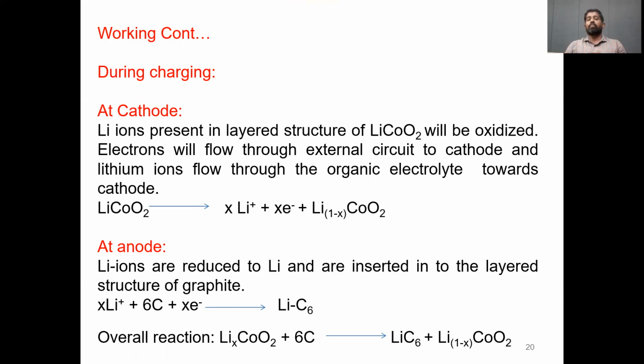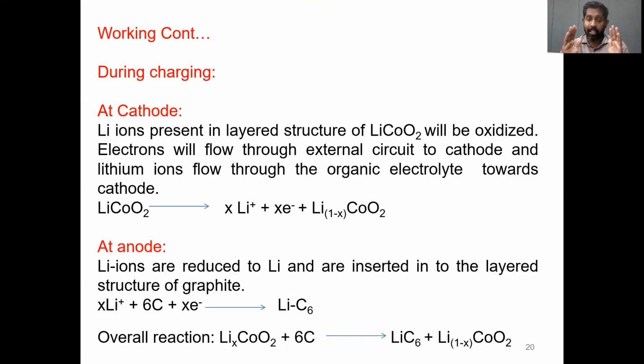So during charging, what happens? The lithium ions which have gone and sat in the layered structure of lithium cobalt oxide will get oxidized and liberate electrons. The electrons move through the circuit. At the anode, the lithium ions are reduced to Li by accepting the electrons coming from the other electrode. So a simple reverse reaction of discharging happens during charging.